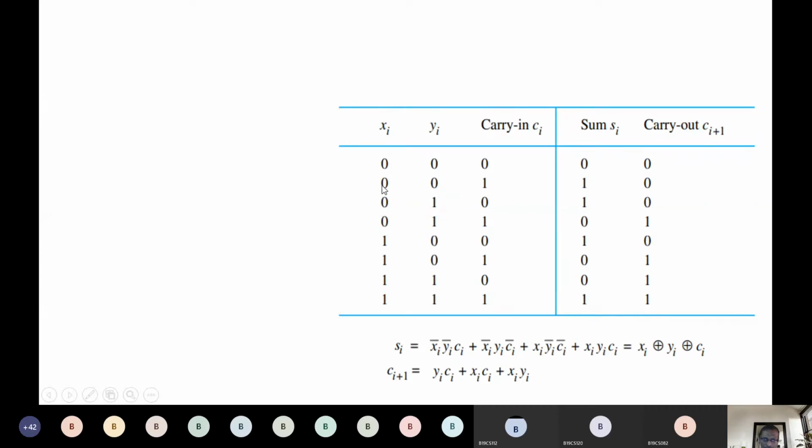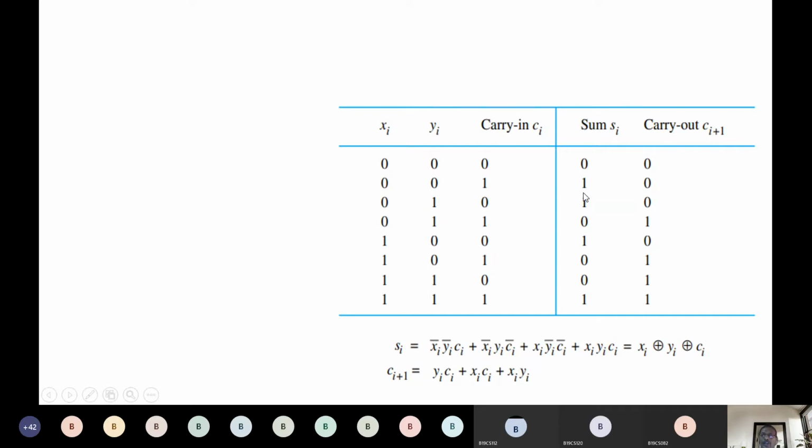You can consider these values. X is 0, so we say it's X bar. Y is 0, so it's Y bar, and carry in is 1, so we call it C i. So X bar, Y bar, and C.